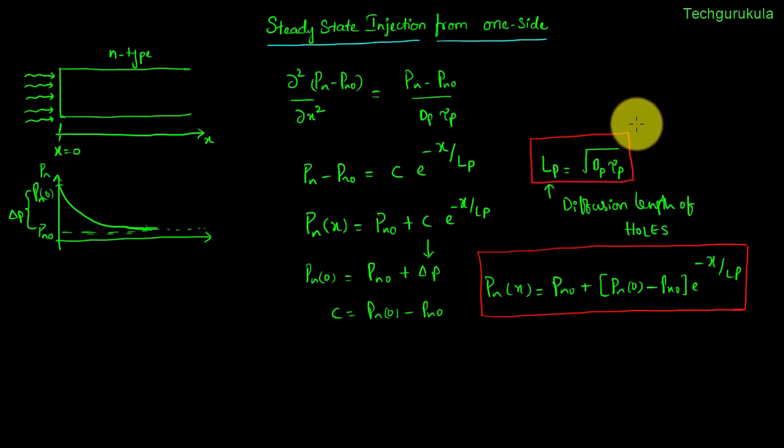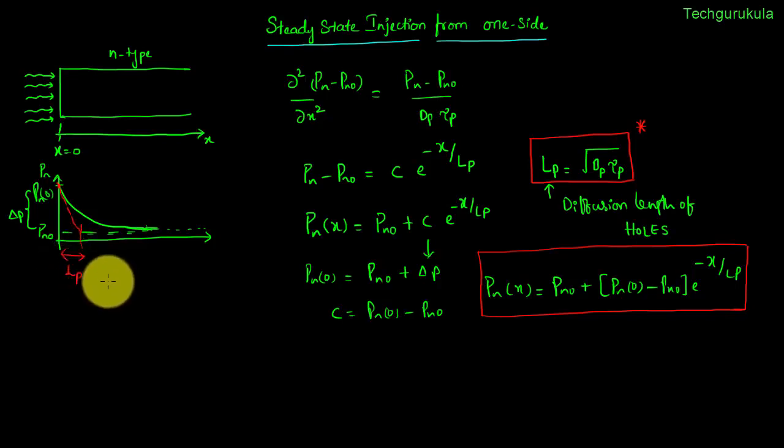So let us understand what this diffusion length means. From this function, if you see, the differentiation of this function at x equal to 0 gives us a slope. So the slope is negative, and the point where this hits, that length is called the diffusion length.